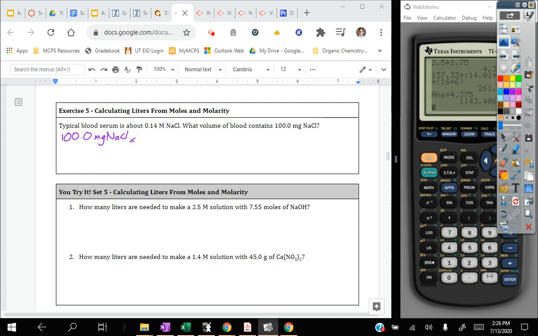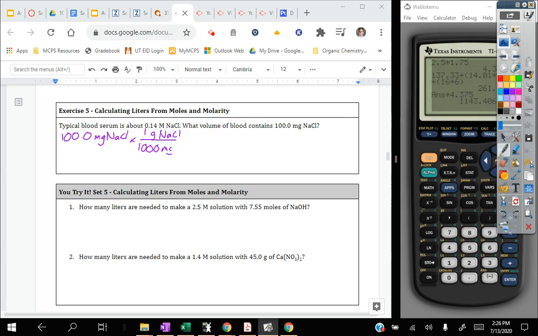I know that there are 1,000 milligrams per gram of NaCl. Now that I'm in grams of NaCl, I can divide by the molar mass of sodium chloride to get the number of moles.